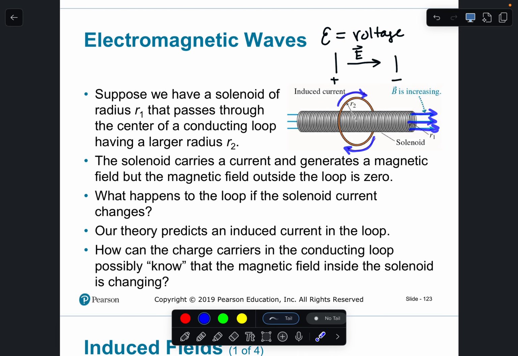So let's just verify our right-hand rule for Lenz's law. The first thing we do is we identify the direction of the magnetic field, to the right. We identify if it's increasing or decreasing, and we're told it is increasing. And then we're going to use our thumb to be the induced magnetic field that opposes the increase or the decrease.